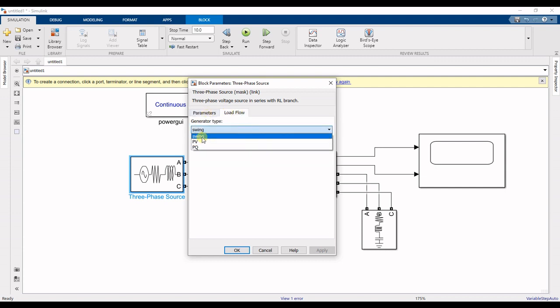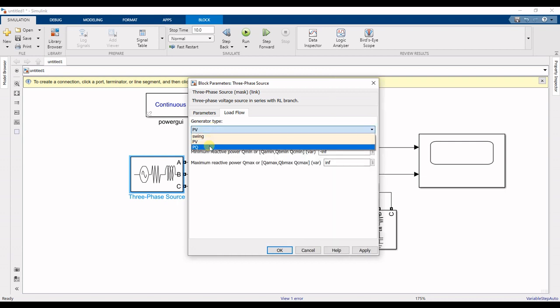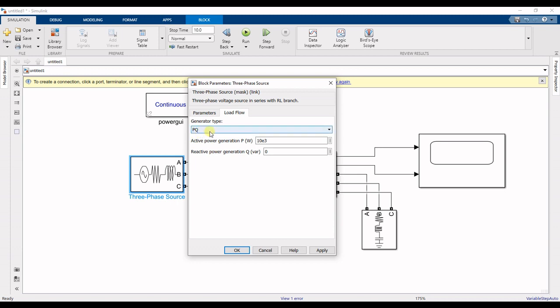There are three options in the load flow: swing, PV and PQ. PQ means you have to provide the active power value as well as the reactive power value.